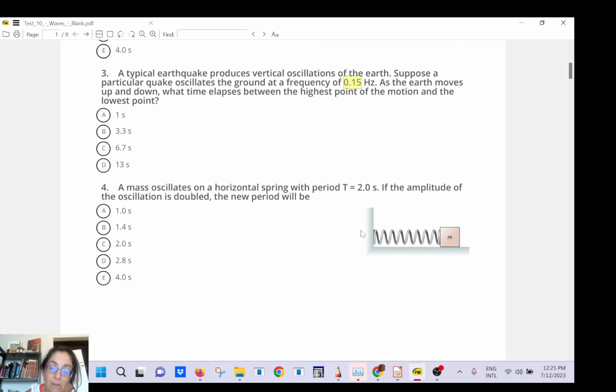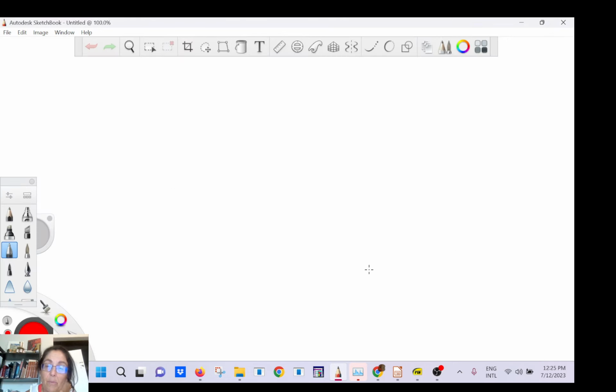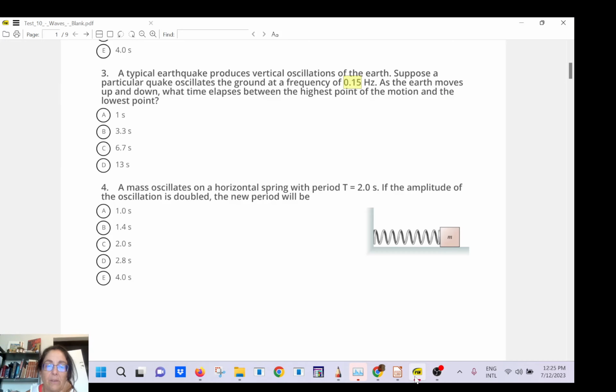The answer is no, because the period for a spring only depends on the mass and the spring constant. Here you see there is no amplitude. So it stays the same, so the answer is C.